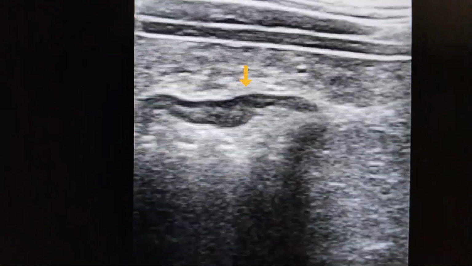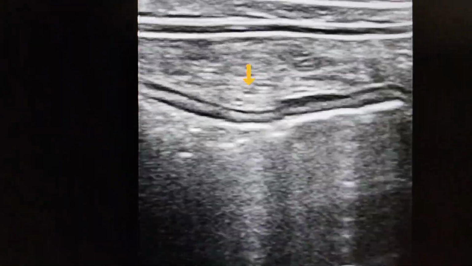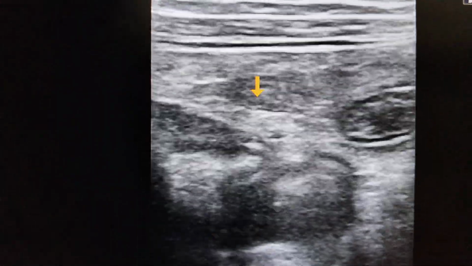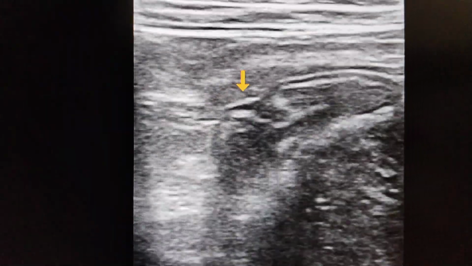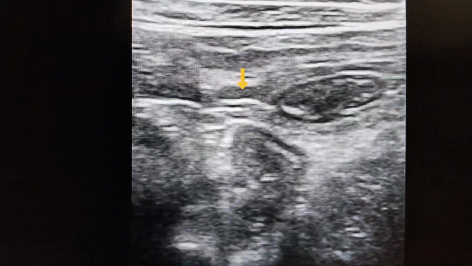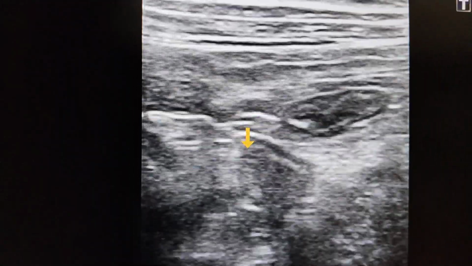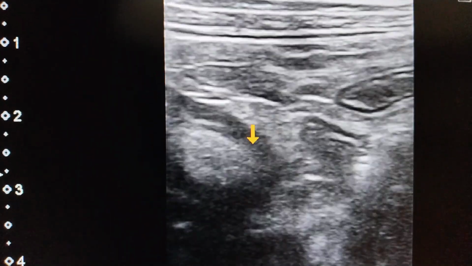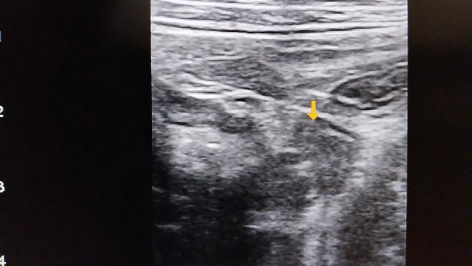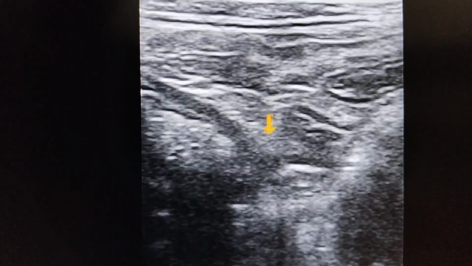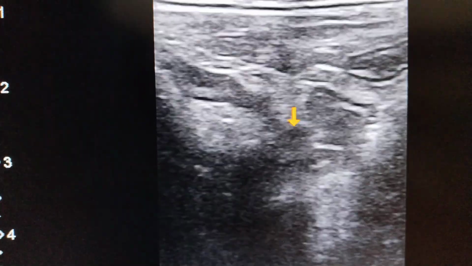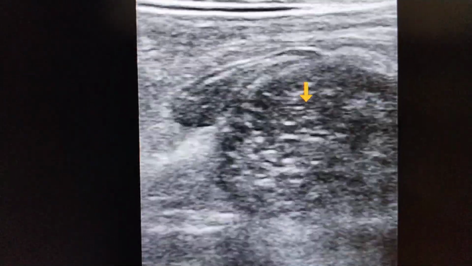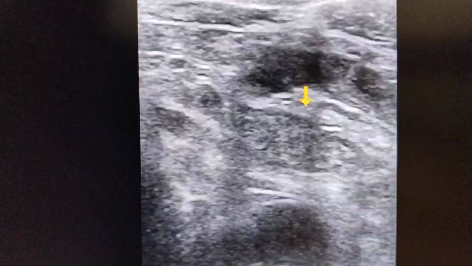So the whole large bowel is involved in this disease process. So we can say it is pancolitis. And if we appreciate again, this is the terminal ileum and this is the cecum. There is somewhat loss of stratification here, but not much.